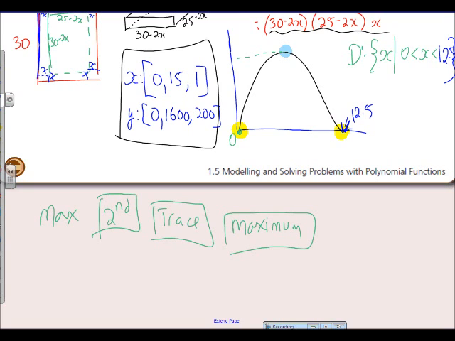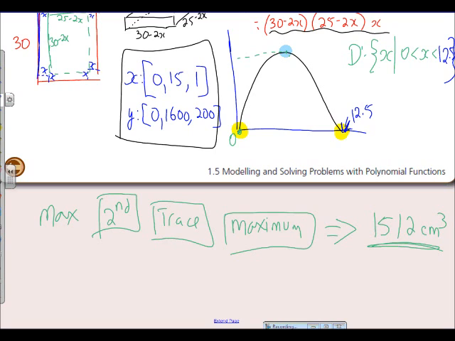Left side, right side. You find your left bound, right bound, find your maximum in between. And it's going to come out to approximately 1,512 centimeters cubed as your maximum volume.